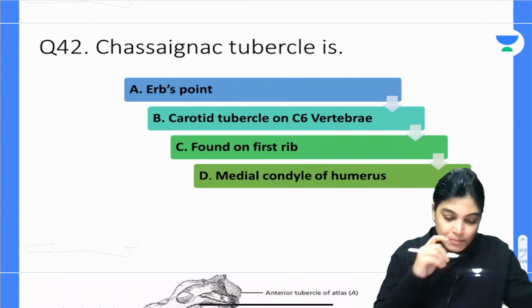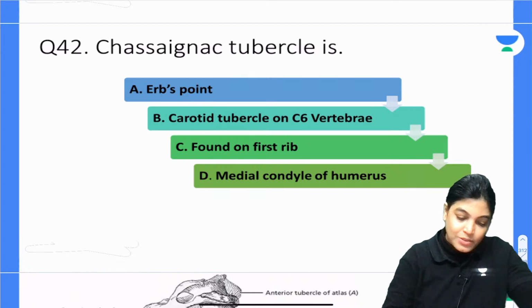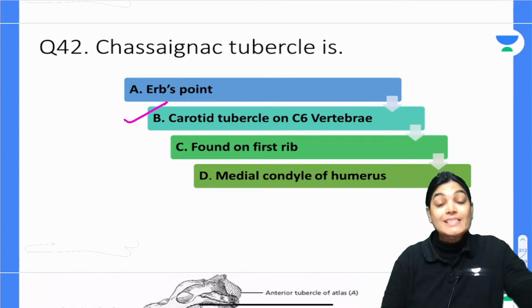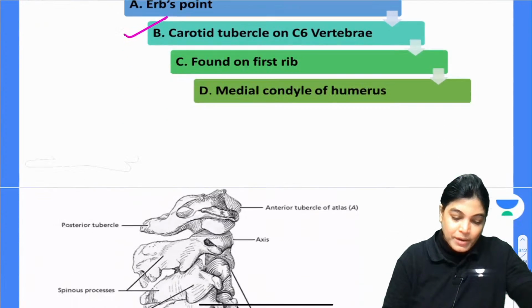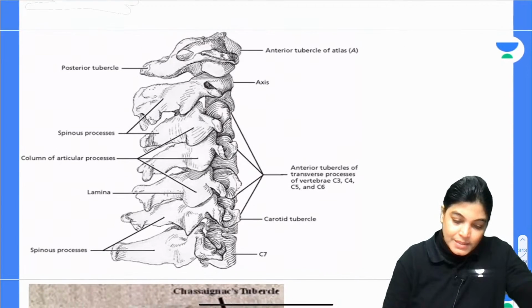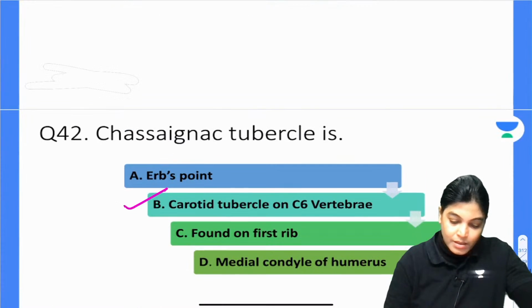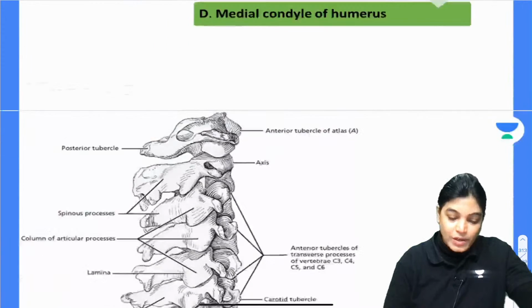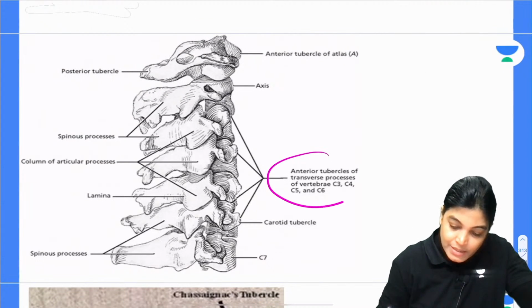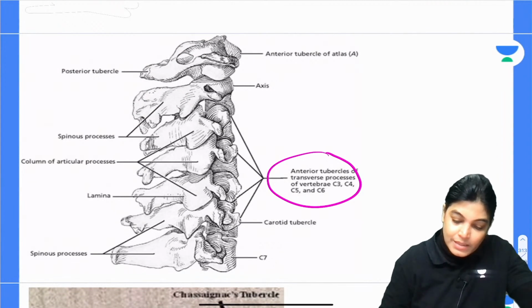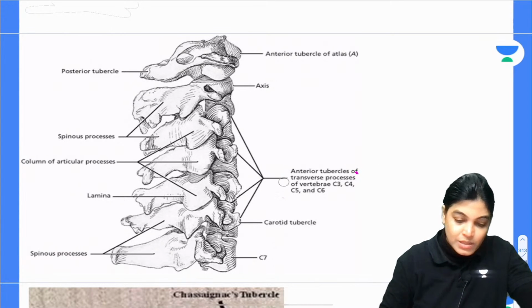My dear aspirant, the correct answer is that Chassaignac's tubercle is the carotid tubercle on the 6th cervical vertebra. It is the anterior tubercle of the transverse process of the 6th cervical vertebra. In this diagram, you can clearly see the anterior tubercle of the transverse process shown for C3, C4, C5 and C6.